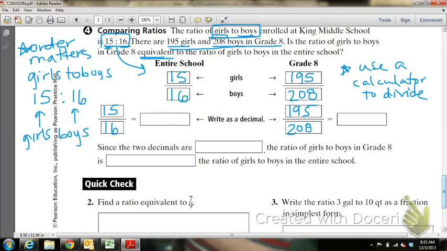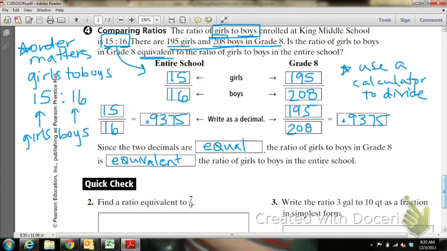Okay, so if I do 15 divided by 16, I get 0.9375. And if I do 195 divided by 208, I also get 0.9375. So since the two decimals are equal, I got the same number, then the ratio of girls to boys in grade 8 is equivalent to the ratio of girls to boys in the entire school.